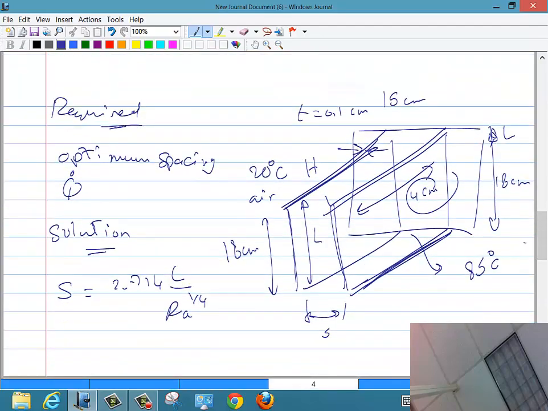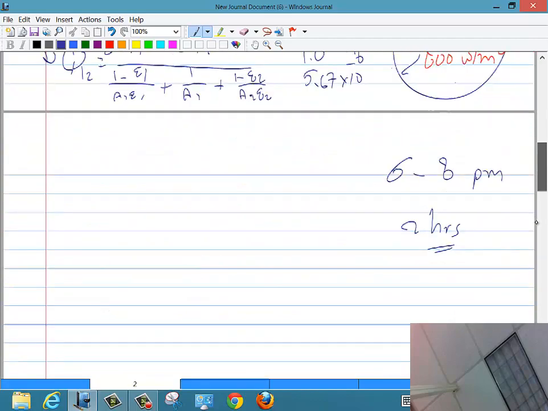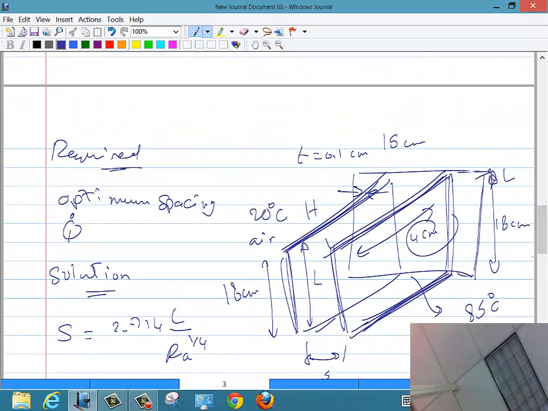So to be super accurate, the area is the base plus the surface, both sides, right? That would be the accurate way. The approximate way is basically to say that, and this is what he did in that solution.